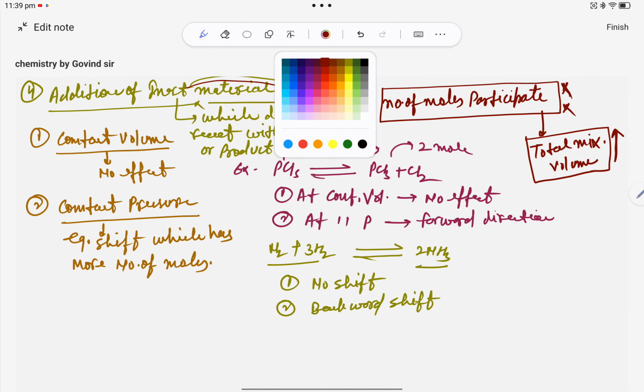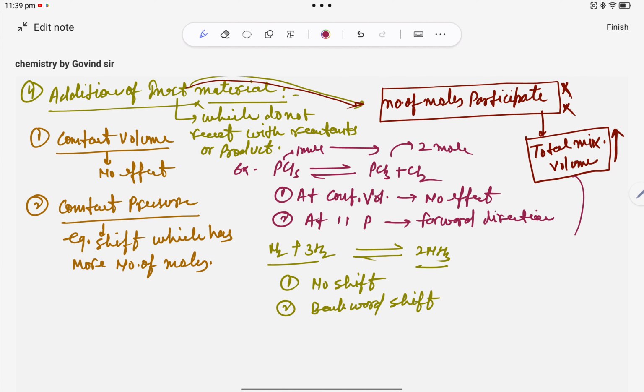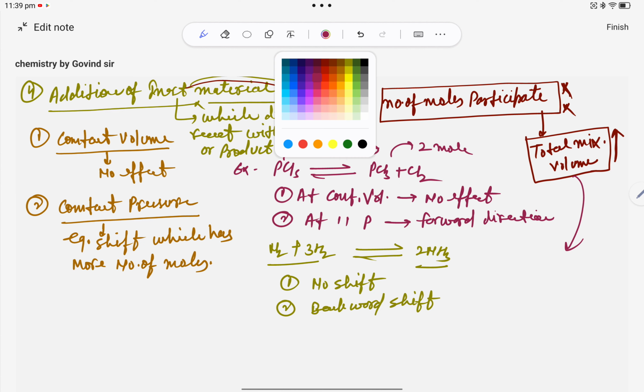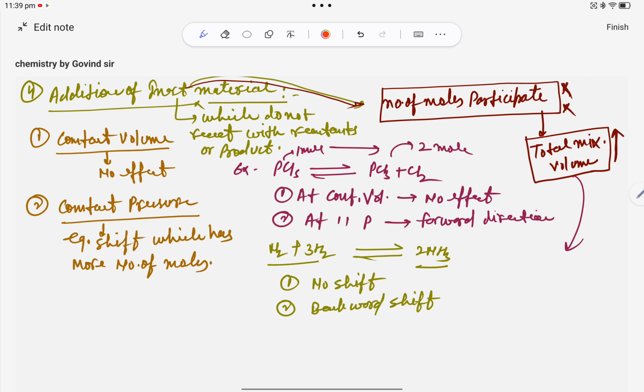Concentration is number of moles upon volume. So the volume increases and the same number of moles are present in that volume, so the concentration decreases.